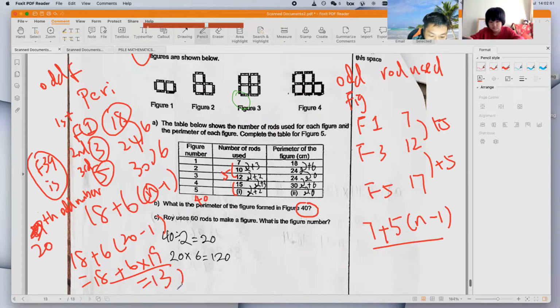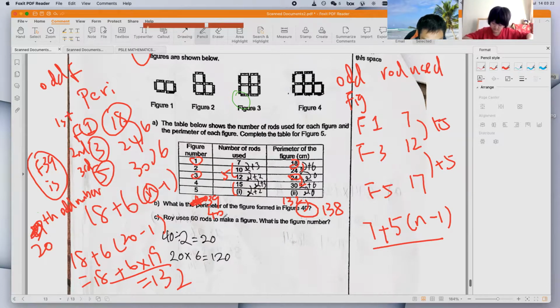So basically, if they ask for 40, I know that figure 39, the parameter is 132. So 40 is the next odd, you plus 6, so the answer is 138? Yeah, that's how you do this question.